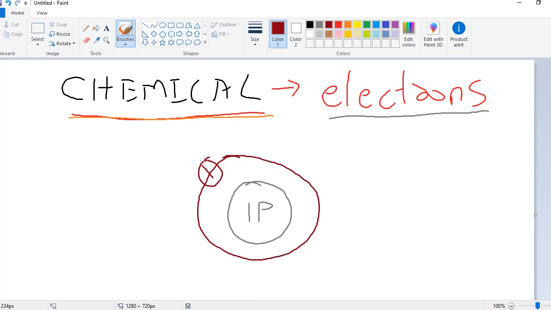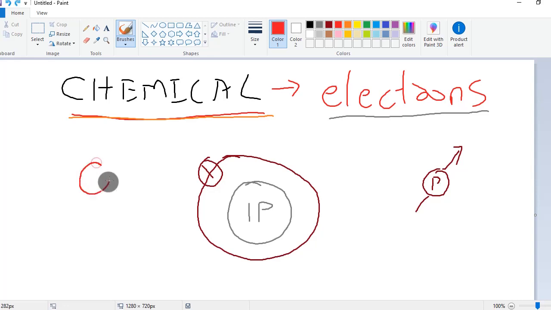We know that if a charged particle moves, it creates a magnetic field. A moving proton will have a magnetic field of its own.